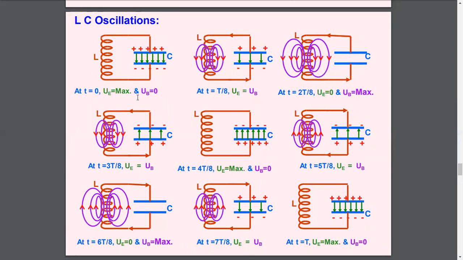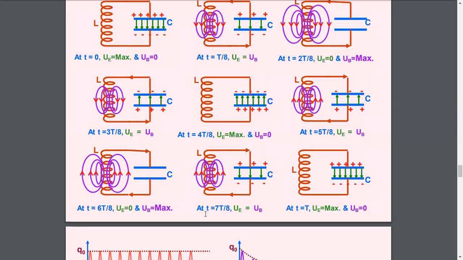So in one cycle, one time electrical energy across the capacitor is maximum, and one time magnetic energy across the inductor is maximum, and one more time electrical energy and magnetic energy become maximum.